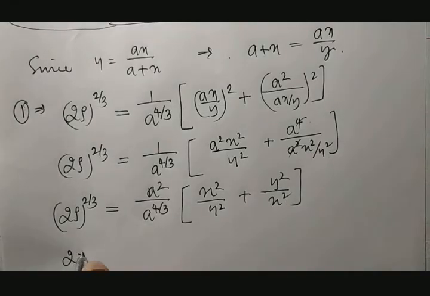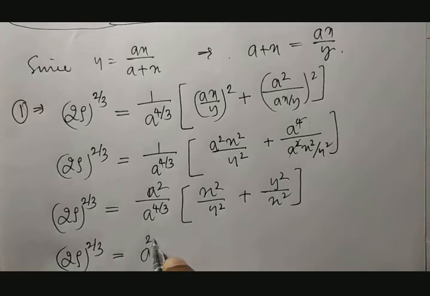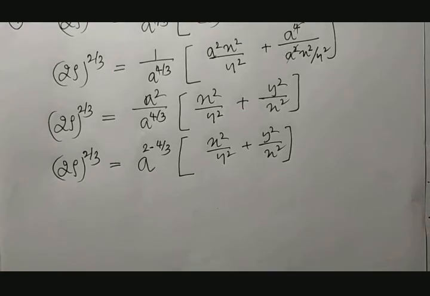Fine. Which is equal to 2 rho raised to 2 divided by 3 is equal to, if it goes to the numerator, it becomes a raised to 2 minus 4 divided by 3 into x square by y square plus y square by x square. Fine.